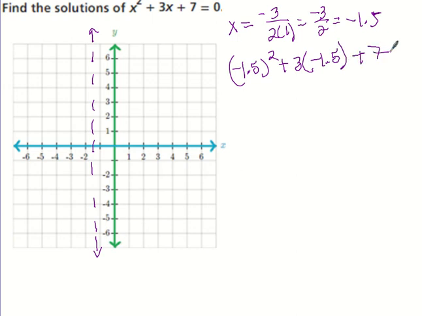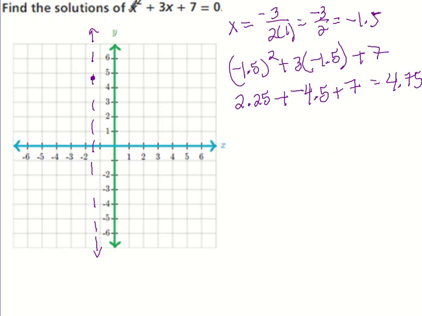So -1.5 squared gets me 2.25, plus 3 times -1.5 is -4.5, and then plus 7. So we go plus 7 plus 2.25, and we get 4.75. So -1.5, 4.75 is about here.